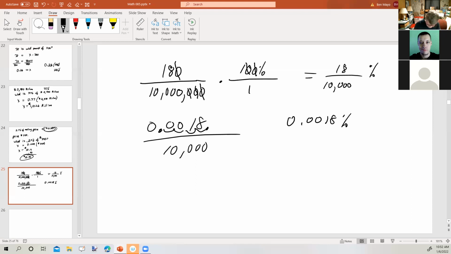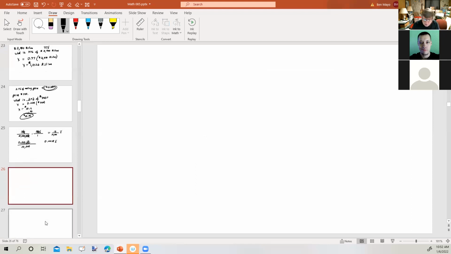Let's see here. It says childcare. After the first day of registration, 84 children had been enrolled in a daycare center. That represented 70% of the available slots. Find the maximum number of children the center could enroll.